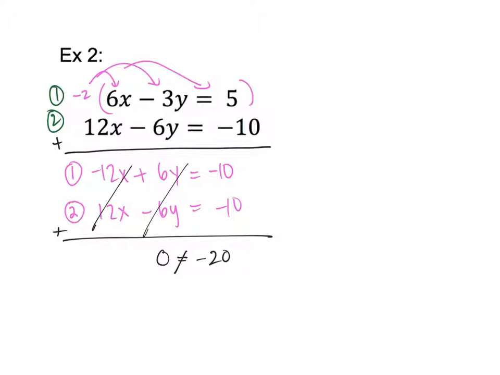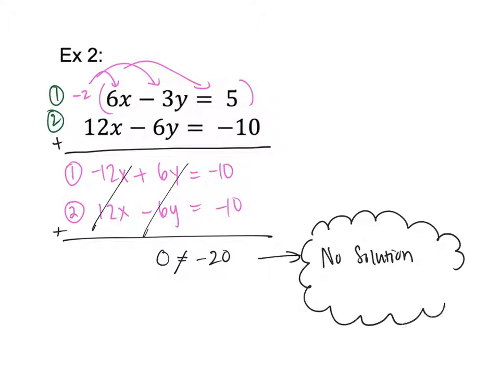So here's the thing. When you work this out and you notice that everything starts to cancel, and then this side is a number and that side's a number, and they don't equal each other, and this is complete nonsense, well, then what you have here in this case is no solution. We can never have 0 equaling negative 20, so this can never happen. So if it's no solution, what do you know about the two equations here if you were to graph them?